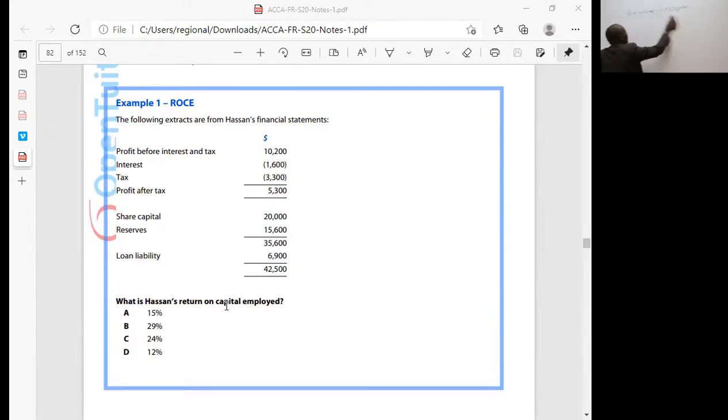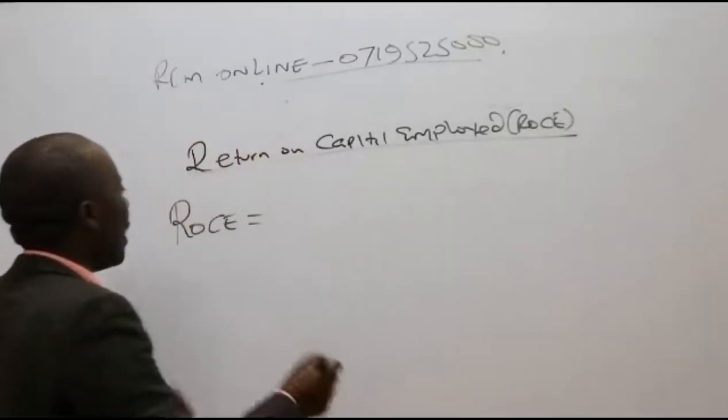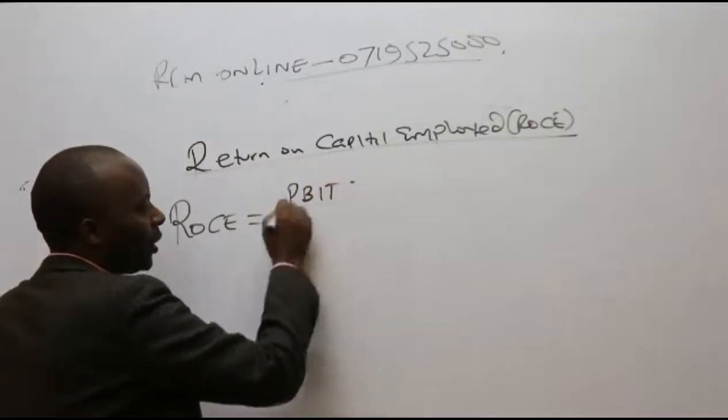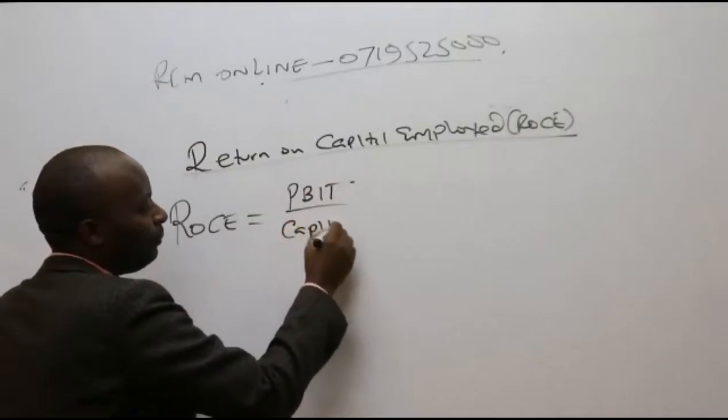So how do we get return on capital employed, which is our ROCE? Our ROCE here will be equal to profit before interest and tax, all over capital employed.